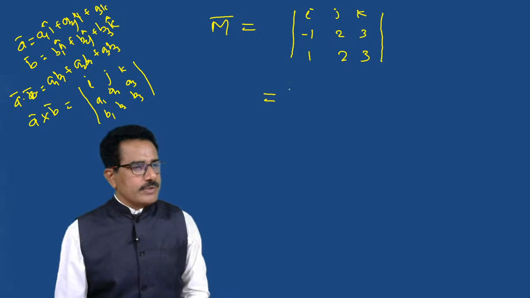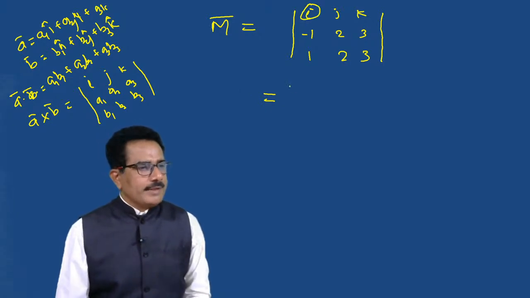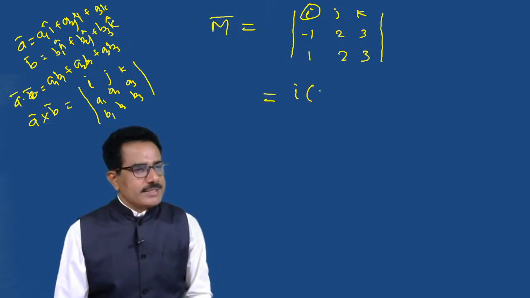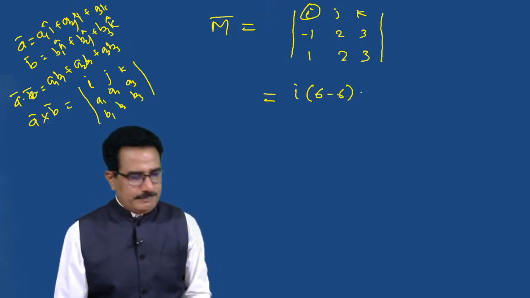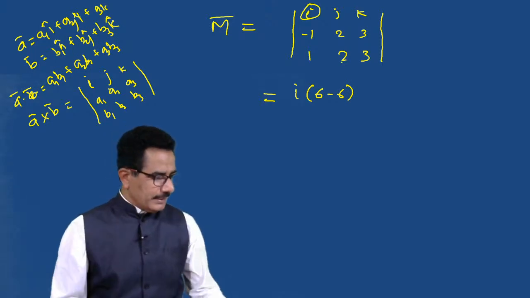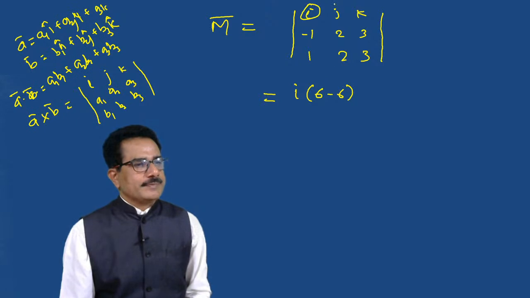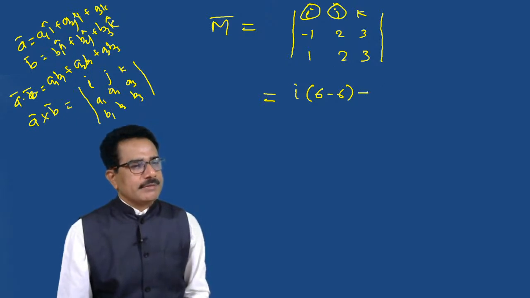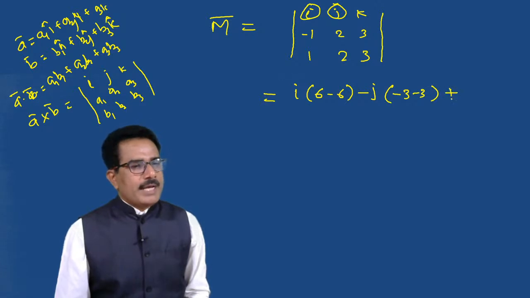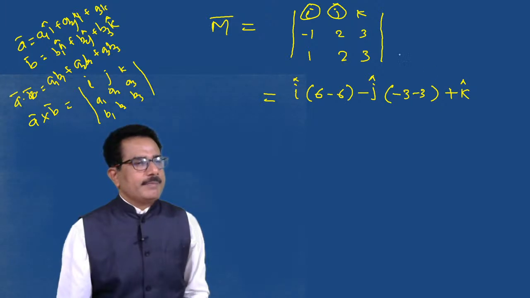Okay, now solve this. Select this i, into the cross product of its minor, that means 6 minus 6. Okay, then we can write a minus j. The middle term is minus j, that is, minus j, into minus 3 plus 3, minus 3 minus 3, and plus the third term, that is k. i cap, j cap, k cap.